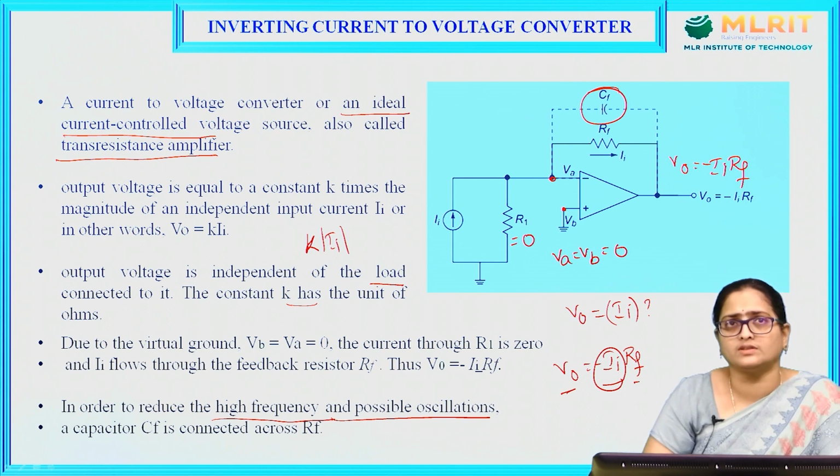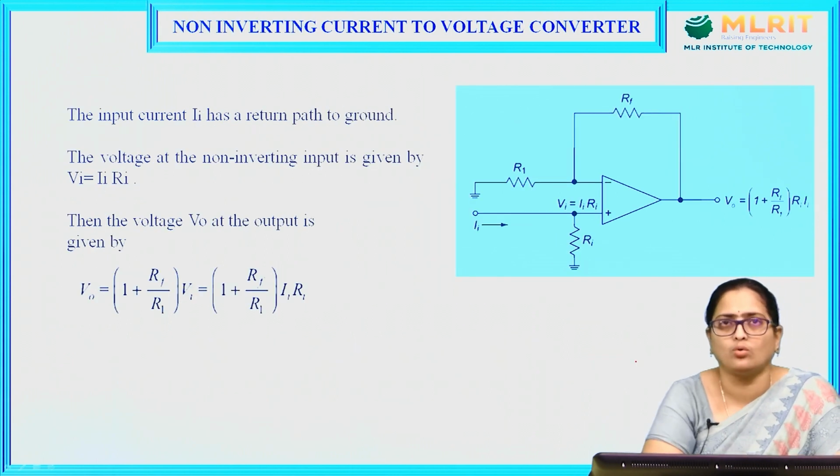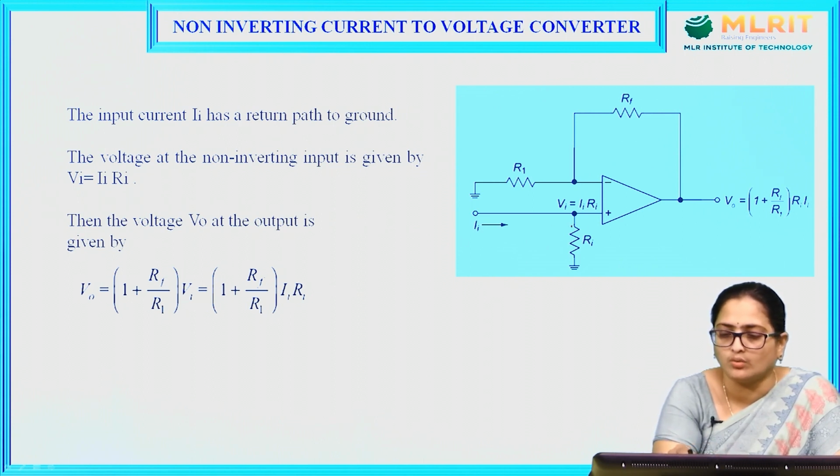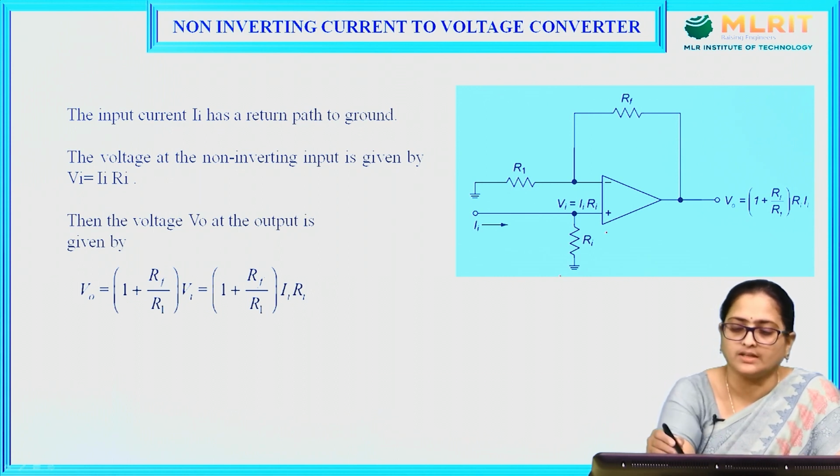The next one is the non-inverting current to voltage converter. The input current II has a return path to ground over here. The voltage at the non-inverting terminal is given as Vi is equal to II into Ri.